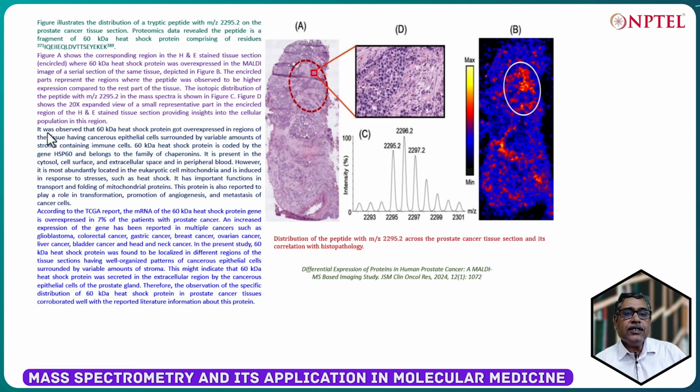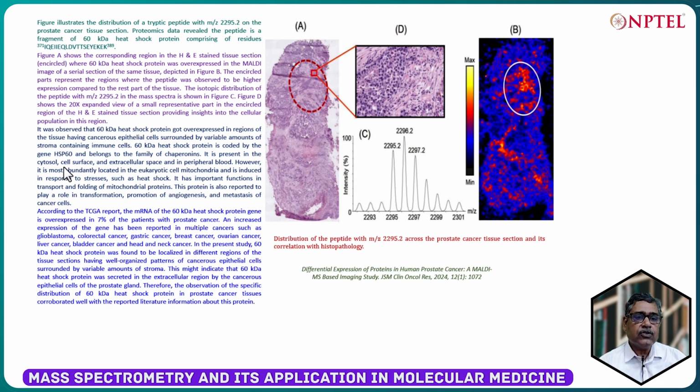Okay. Now, let us talk about some function and associated correlation of this 60 kilodalton heat shock protein with cancer, specifically prostate cancer. It was observed that the 60 kilodalton heat shock protein got overexpressed in the region of the tissues having cancerous epithelial cells surrounded by a visible amount of stroma containing immune cells. This protein is coded by the gene HSP60 and belongs to the family of chaperones.